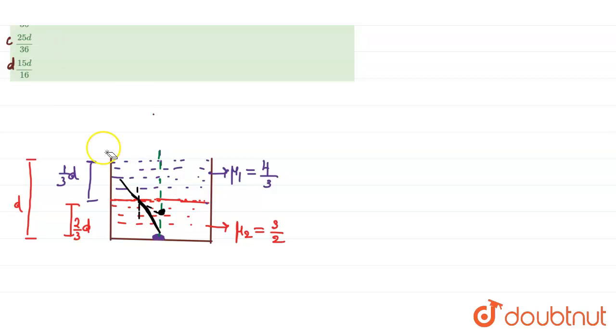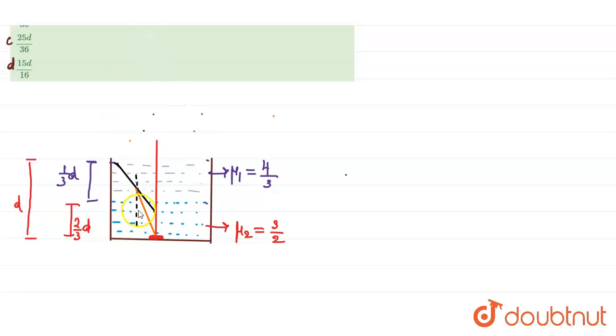Let me draw the diagram once again. In this figure, this is the first light ray coming from the object placed at the bottom. This light is refracted in the second liquid, and when we extrapolate that light, the position becomes here.